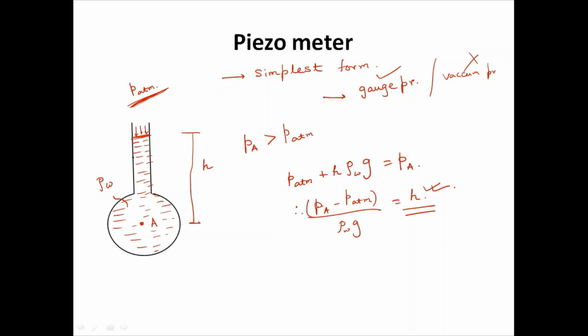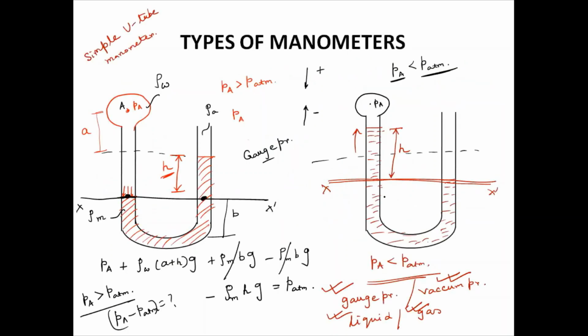Only the level is sensed here, and this level is showing the pressure difference. So vacuum pressure cannot be measured by the piezometer. In the previous case, the manometer, you have seen both gauge pressure and vacuum pressure can be measured.